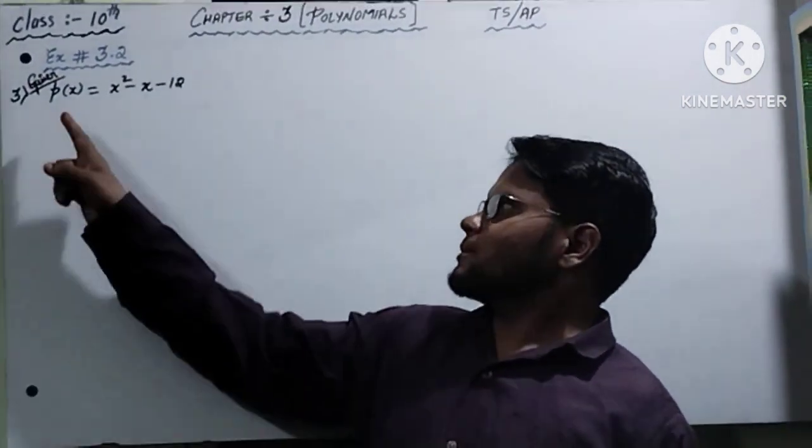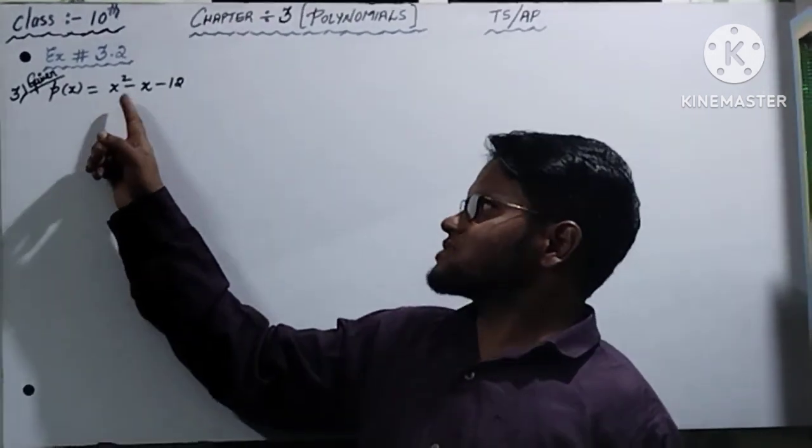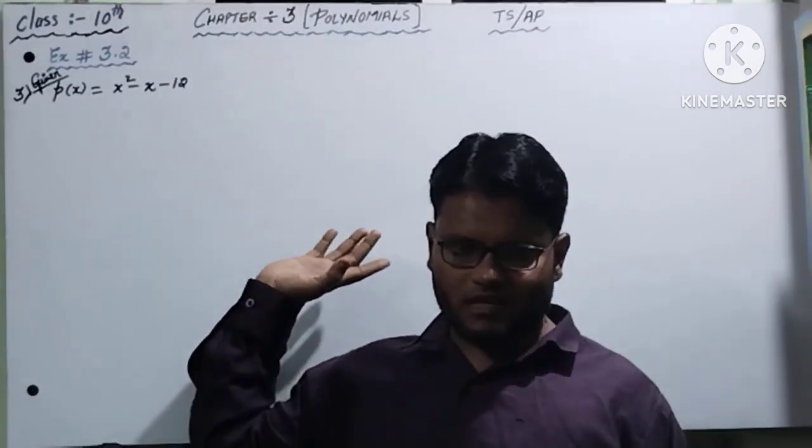The given question is P of x equals x square minus x minus 12.